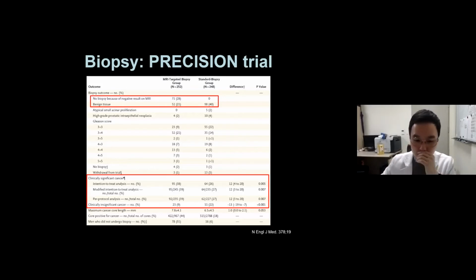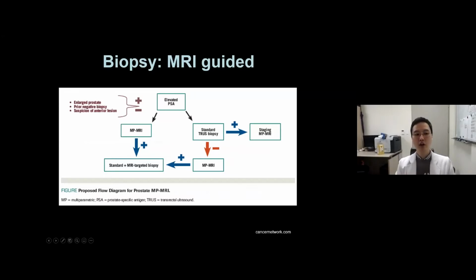Overdiagnosis of clinically insignificant prostate cancer was significantly reduced when we applied this MRI targeted biopsy. So now there is a paradigm shift to MRI guided biopsy over the conventional TRUS biopsy.